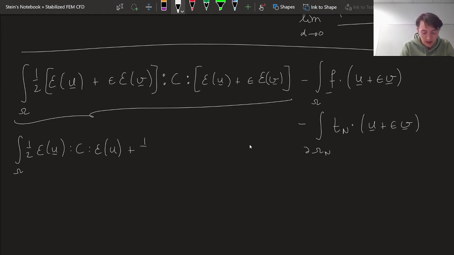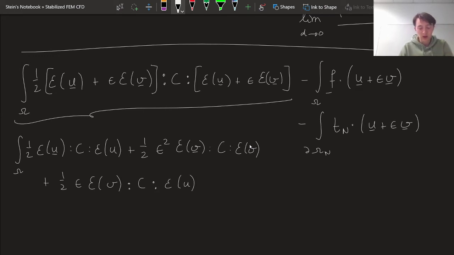So that gives me half times epsilon squared times the strain of v, C strain of v. And then plus half of epsilon times the strain of v, double contracted with C times the strain of u. And then I would also get the same thing again, but now with u and v flipped.